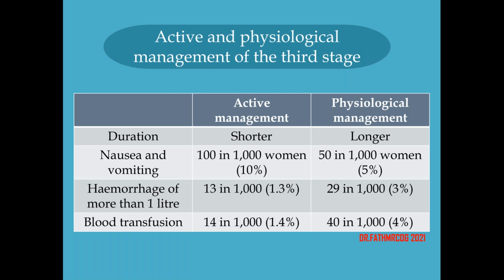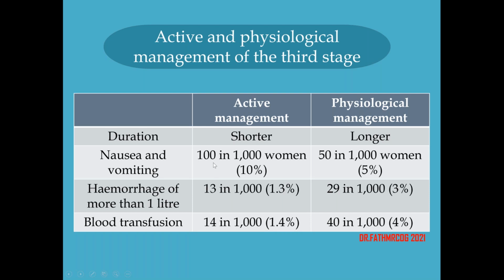This is also a recalled question. Here in the active management, the nausea and vomiting is 100 in 1,000 women. It's about 10%, and the duration here is shorter in active management, and physiological management is longer.